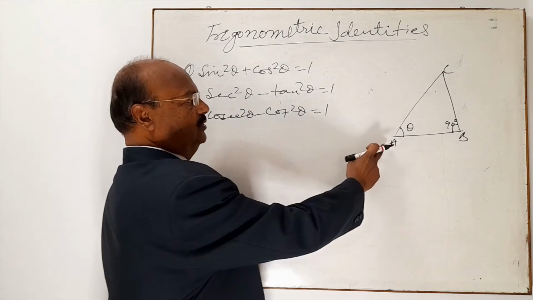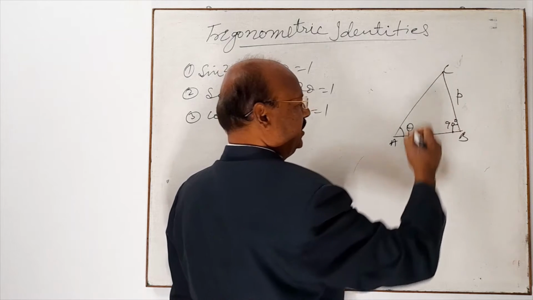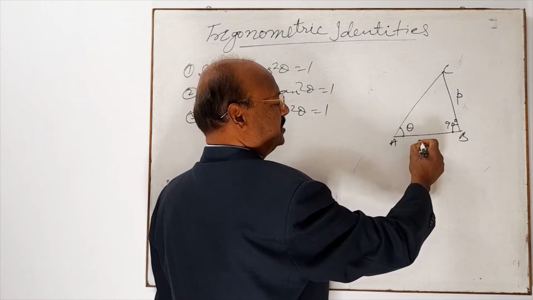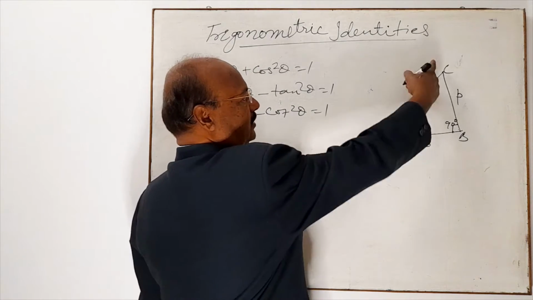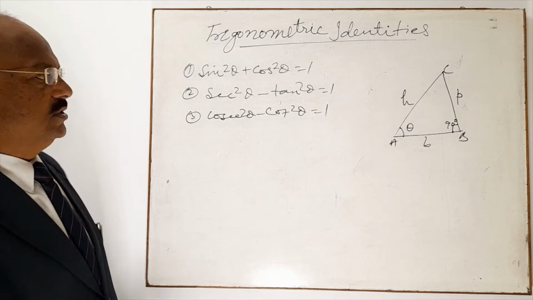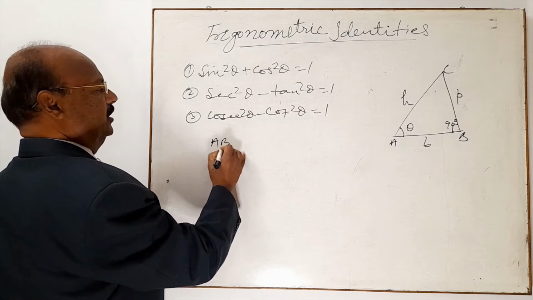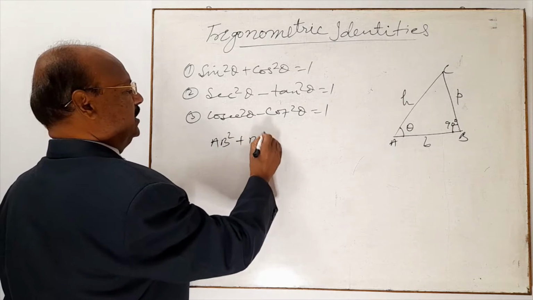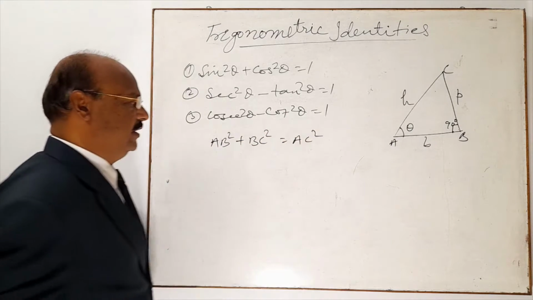So with respect to this angle theta, the opposite side BC is perpendicular and the adjacent side AB is base. And as usual, this longest side is hypotenuse. So in this right angle triangle, we can write AB square plus BC square is equal to AC square.